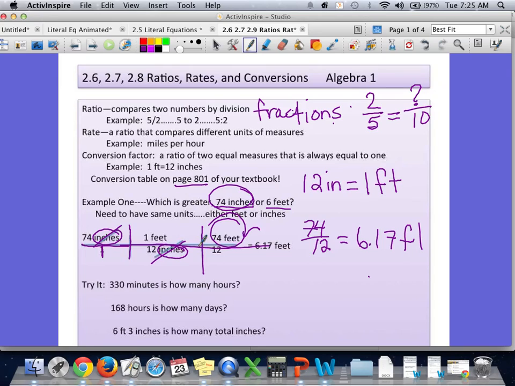That's all you're going to do. You will use this system in chemistry in your science classes, so it's a good thing to learn now, and when you get to those classes you'll be able to do it.